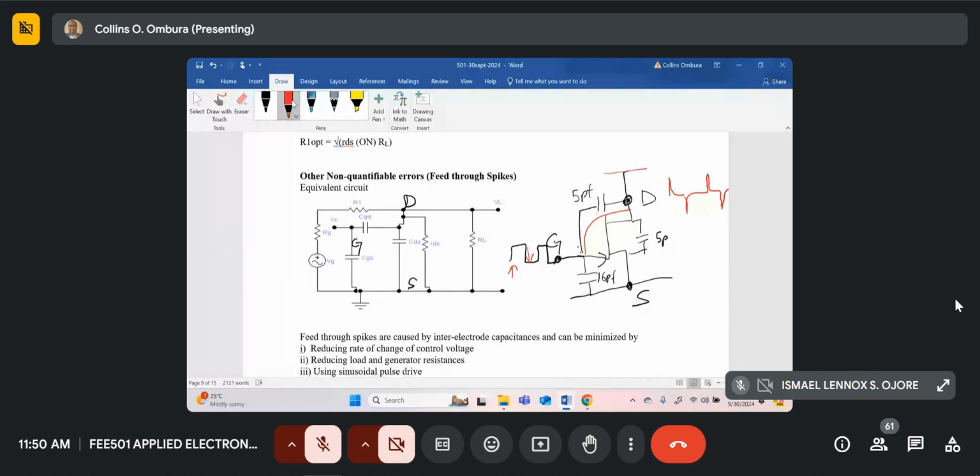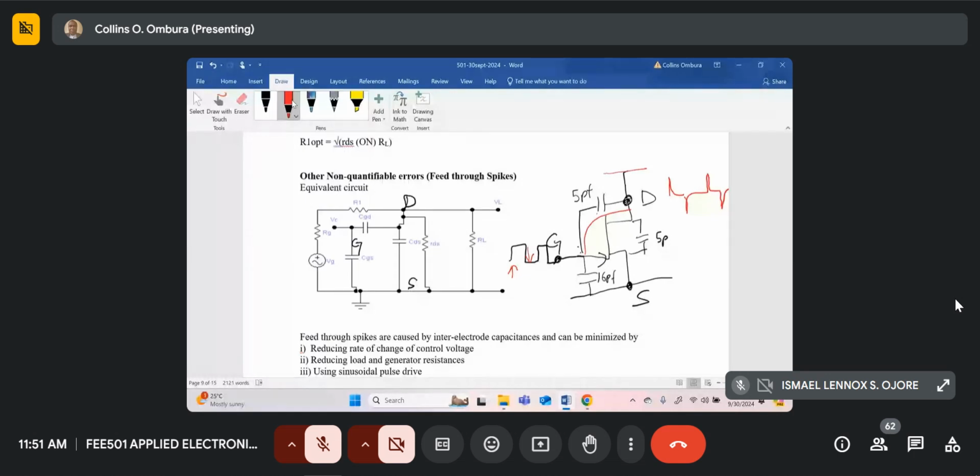So actually the best way to get these switching spikes is to use an oscilloscope and connect it at the output, and then you'll be able to tell exactly what voltages we are actually getting. They're quite small because, as you can see, those capacitances are very small. And therefore, if you're switching voltage at, say, a kilohertz, the reactance of 5 pF will be very, very large.